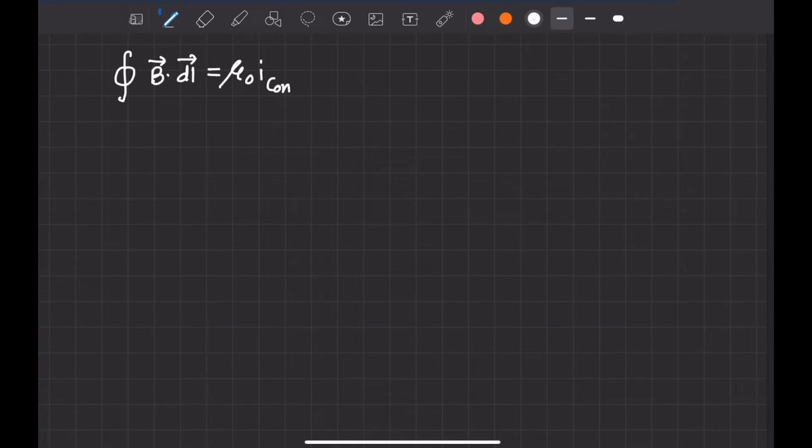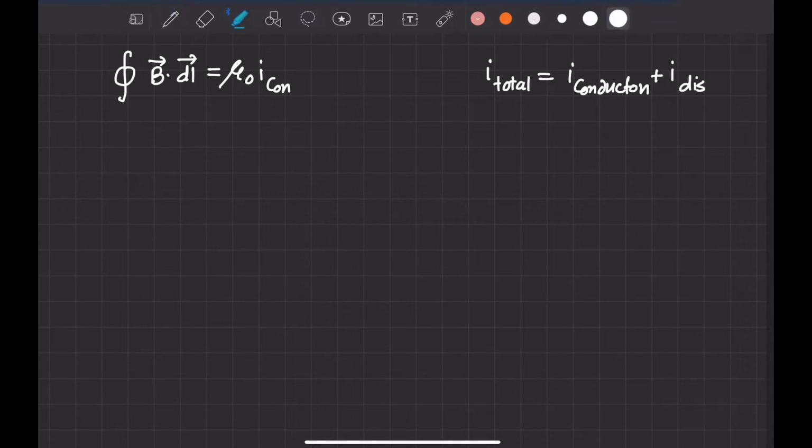Now Maxwell said this equation will be completed if we add another current with I conduction. So Maxwell said that I total, that means the total current, is composed of two currents. One is I conduction, the basic current we know, and another is I displacement, the displacement current. This is the sum of two currents.